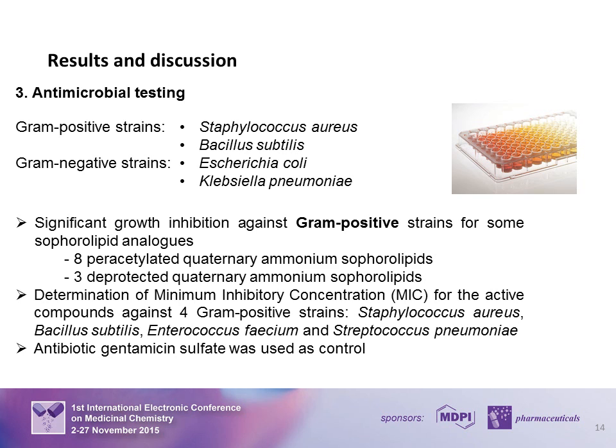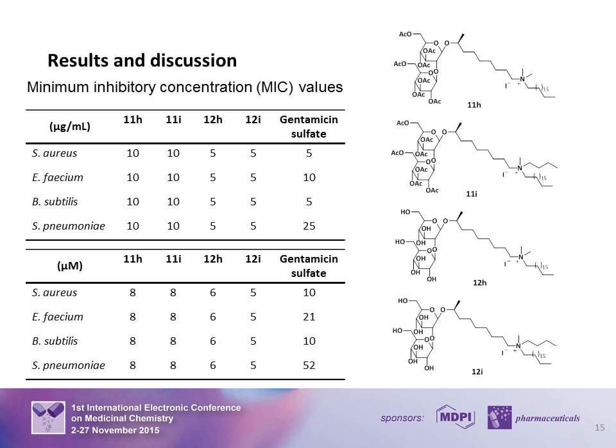the gram-negative strains. For the active compounds, minimum inhibitory concentrations were determined against 4 gram-positive strains, namely Staphylococcus aureus, Bacillus subtilis, Enterococcus faecium, and Streptococcus pneumoniae. The antibiotic gentamicin sulfate was used as a control.